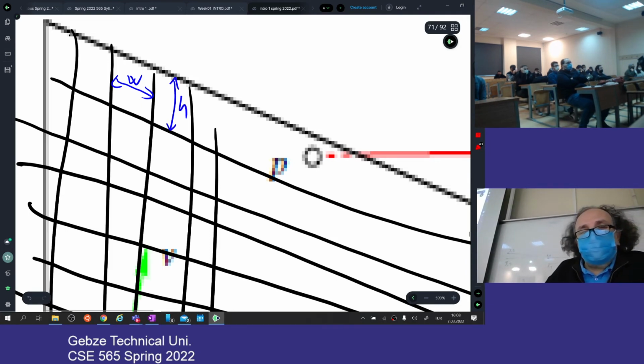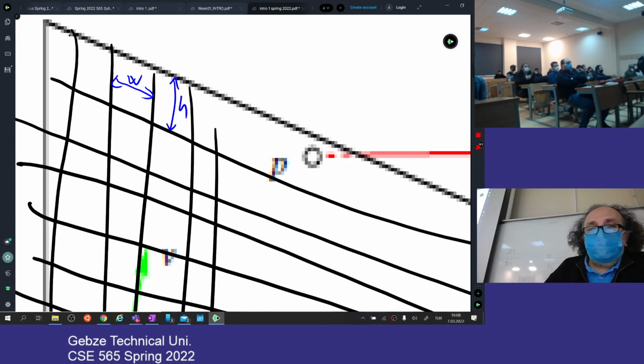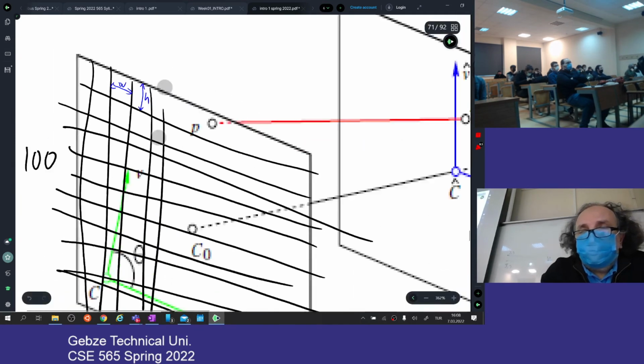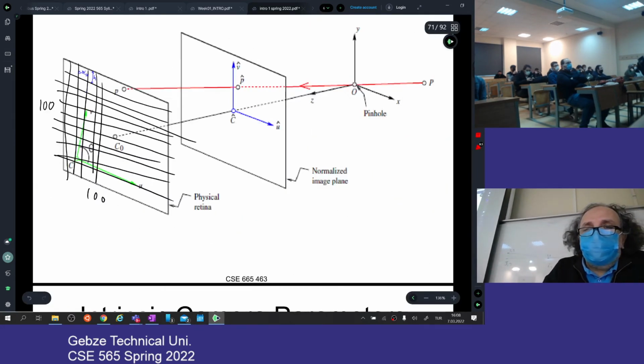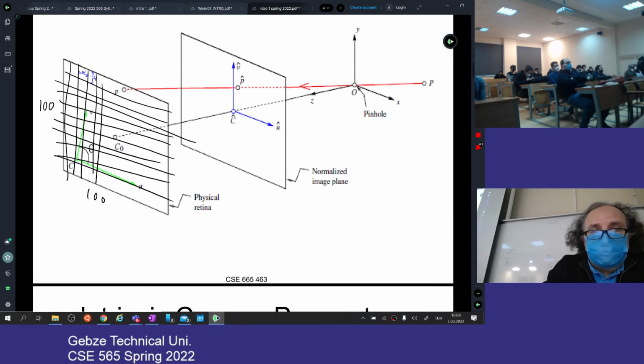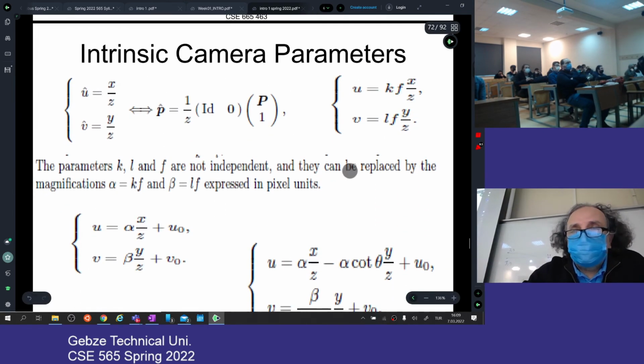These are the two questions that will come to the picture, and I will have to use them. Also, how far I am from this origin is important. This theta, is it a perfect 90 or a little bit different from 90? That's important too. So I am going to put them all into perspective, and I will write formulas for those.